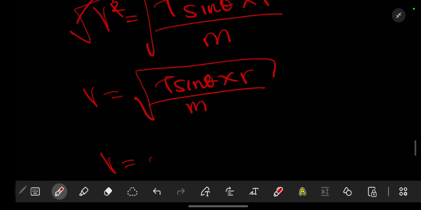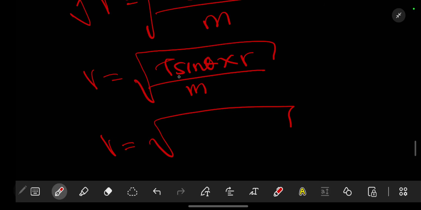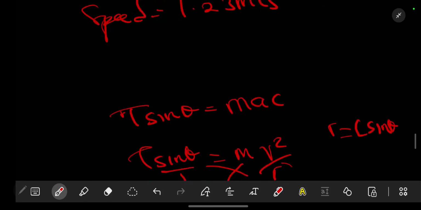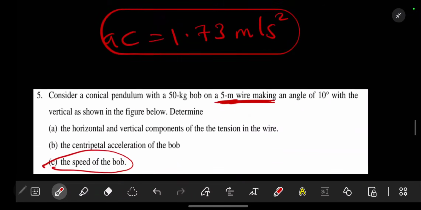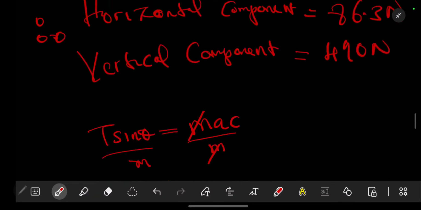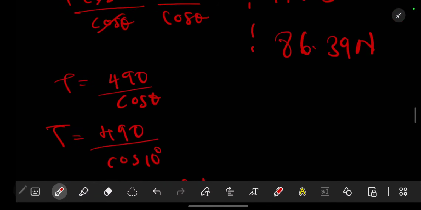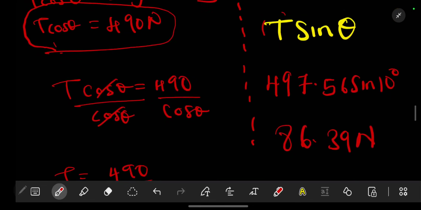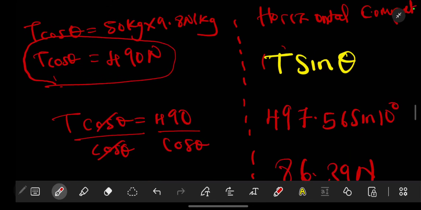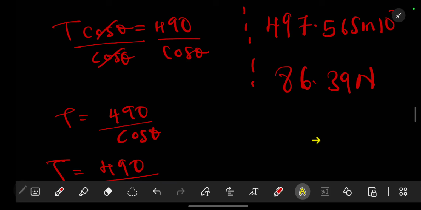Remember, we found T sine of theta, if you recall, to be equivalent to 490. So T sine of theta was found to be equal to 86.39.